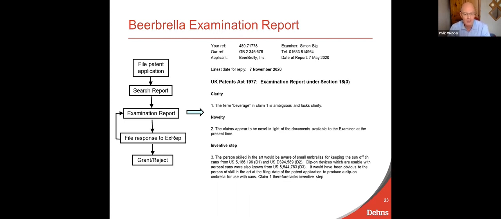The examiner objected to everything from, you have missed a comma on page 2, line 7, to you have used the word 'the' instead of 'a' on page 3, line 4, to issues of novelty, inventive step, and all sorts of other things as well. And so that's one of the, well, I won't call it a problem, but one of the issues with the patent system: you don't know whether your patent is going to sail through to grant, or you're going to have a real challenge with the examiner who raises lots of objections.